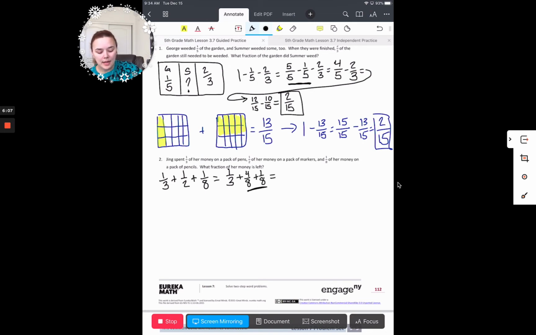So that means I'm going to be adding these two numbers together. So I have 1/3 plus 5/8. And now I can find my common denominator, which in this case I'm going to say is 24, just because it's easy to just multiply by the 3 and by the 8. So 1/3 will multiply times 8.